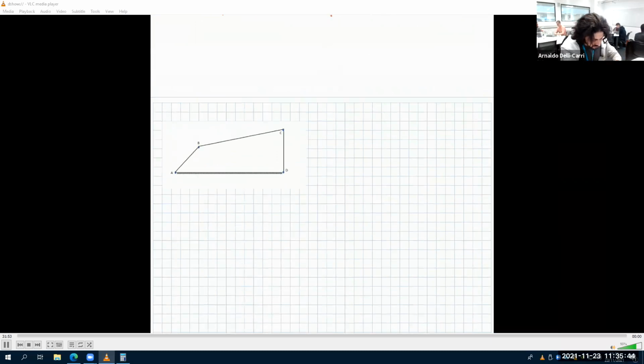So let's start with the velocity diagram. Remember what the velocity equation is? The velocity of any point is the velocity of a reference point plus omega vector cross the distance between the 2 points.